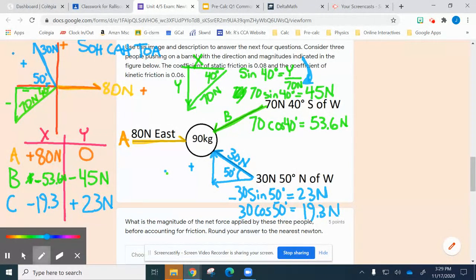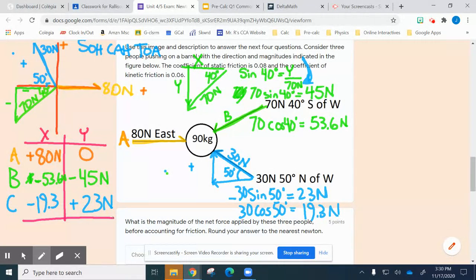So now all we have to do is add those up to get our final vector. So let's see. That green is hard to see. 80 minus 53.6 minus 19.3. Sorry, I'm tired, man.